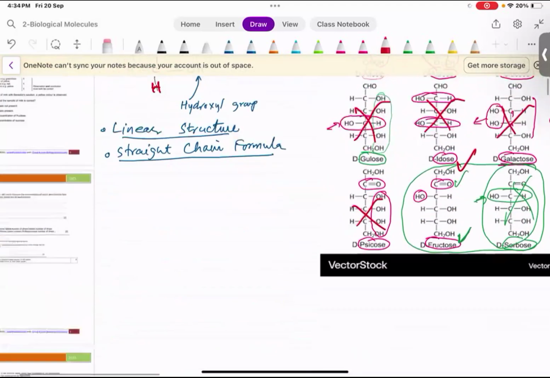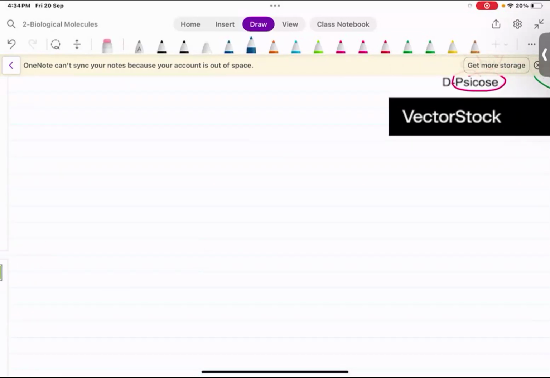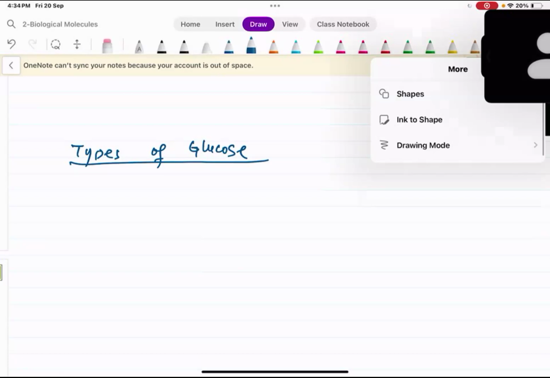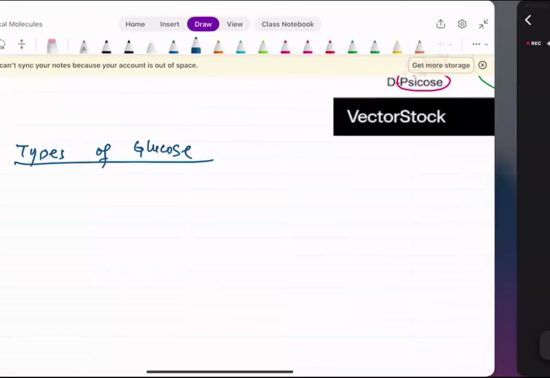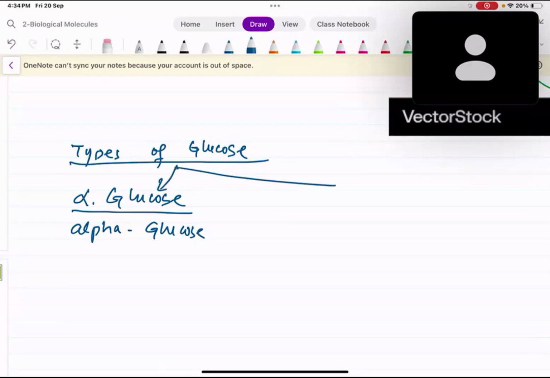Now let's see the ring structure of glucose, or types of glucose. There are two types of glucose. One is known as alpha glucose, and the other is beta glucose.